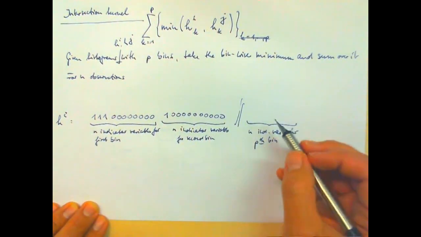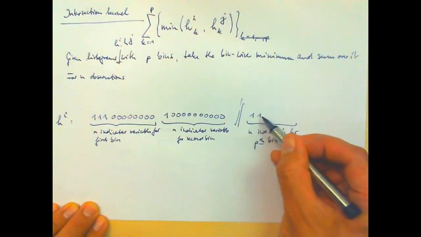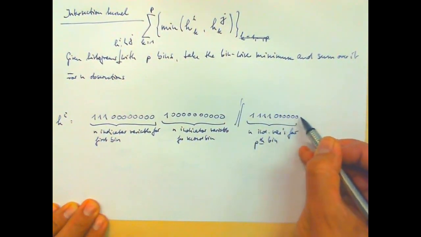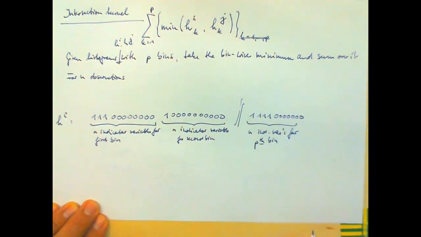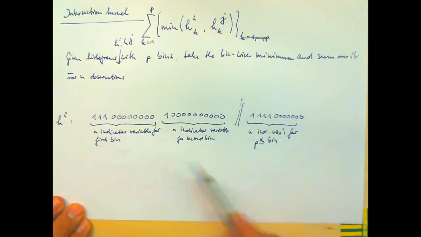And well, let's say that we had a count of 4 in the last bin. This would not be a very compact, but it would be a representation for histogram number I.